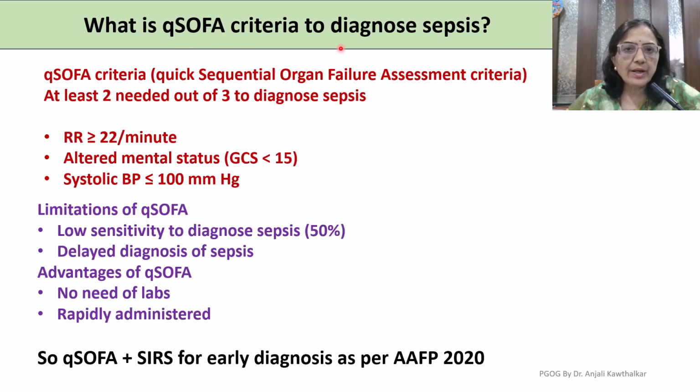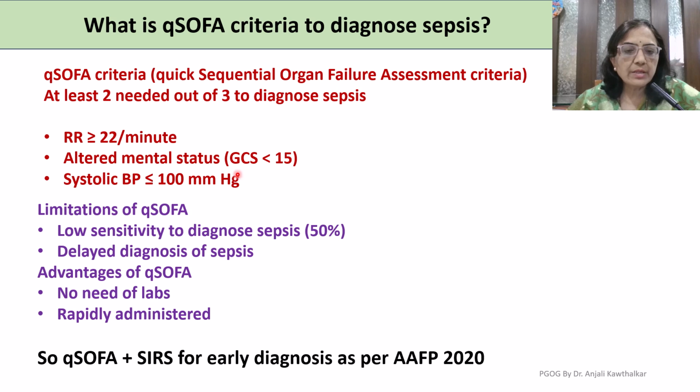What is the Q-SOFA criteria to diagnose sepsis? Q-SOFA is the quick sequential organ failure assessment criteria. Again, we need two out of three. The three criteria given by Q-SOFA are: the patient having tachypnea, respiratory rate greater than or equal to 22 per minute. It was 20 per minute in SIRS, here it is 22 per minute.